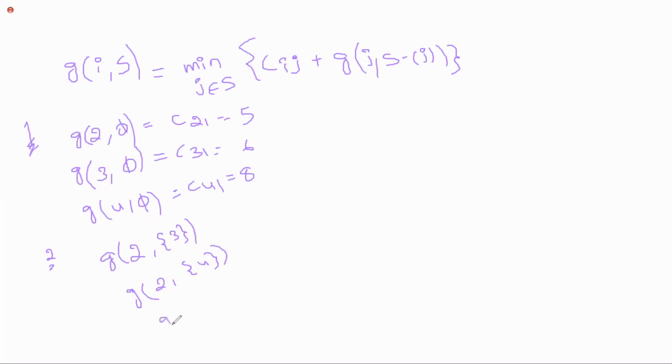Now I am considering only one vertex to visit. So 3 comma, what are the possibilities for 3? 2 and 4. For 4, what are the possibilities? 2 and 3.